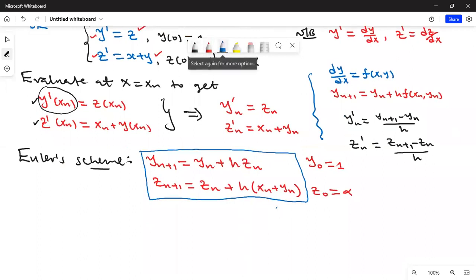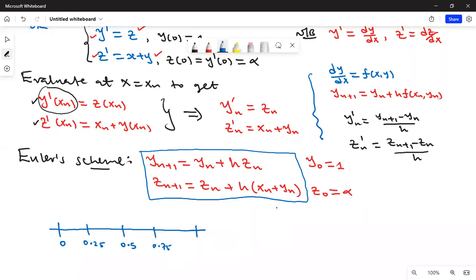Remember, this is how the problem looks like. We are starting from x0 and the step size h was 0.25. So the next is 0.25 followed by 0.5 followed by 0.75 and the last one is 1.